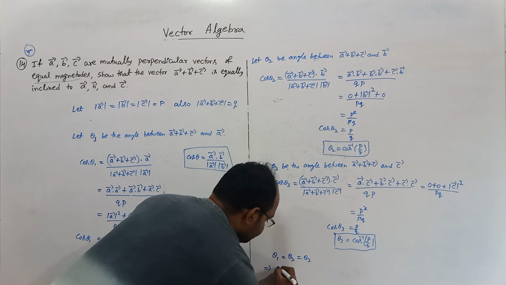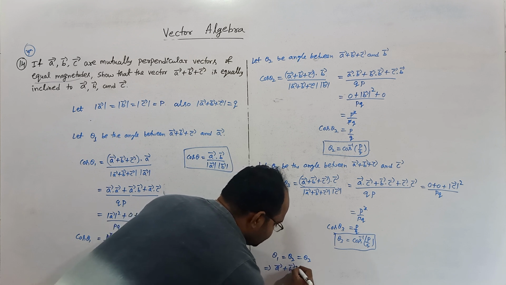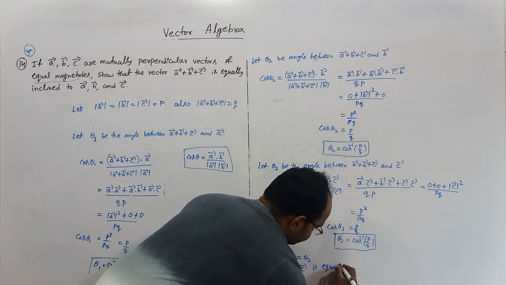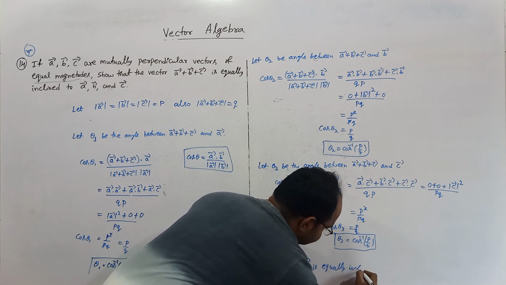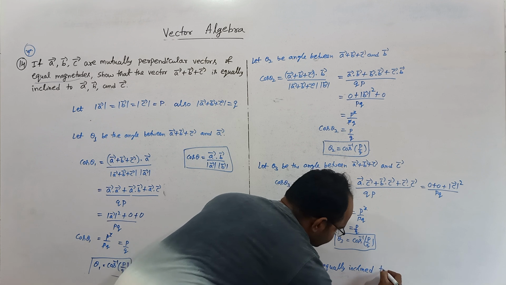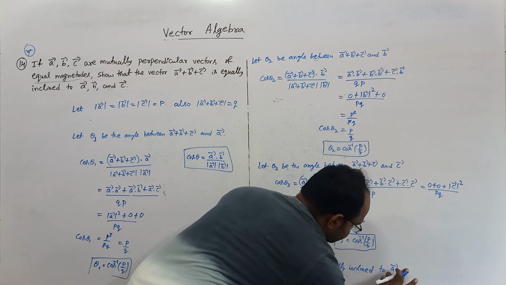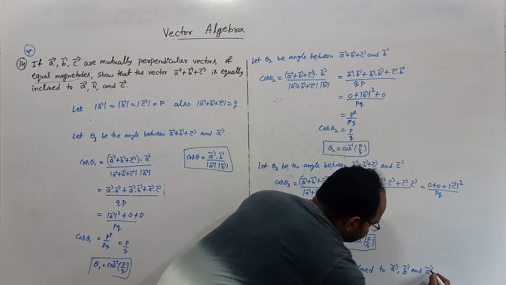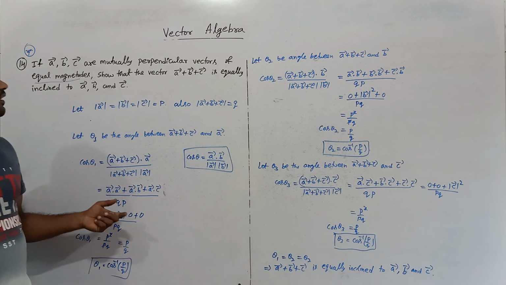This implies vector A plus vector B plus vector C is equally inclined to vector A, vector B and vector C. That is what they asked us to prove.